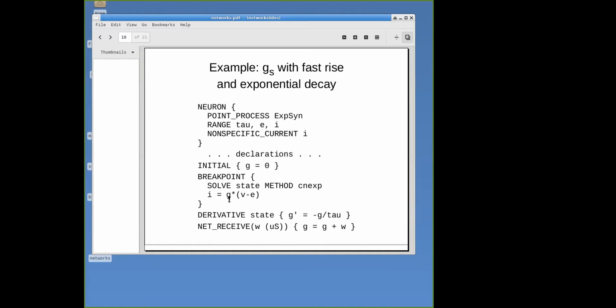And that is the product of the synaptic conductance times the driving force for that synaptic current. Okay, so if E is depolarized compared to V, this will be a negative value, and the current will have a negative value, and it will affect our cell appropriately.